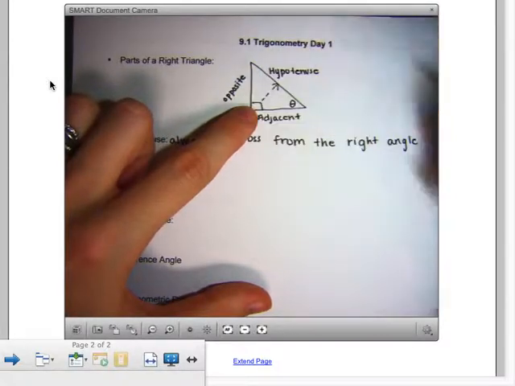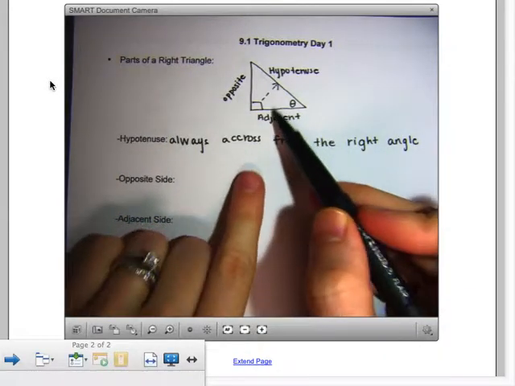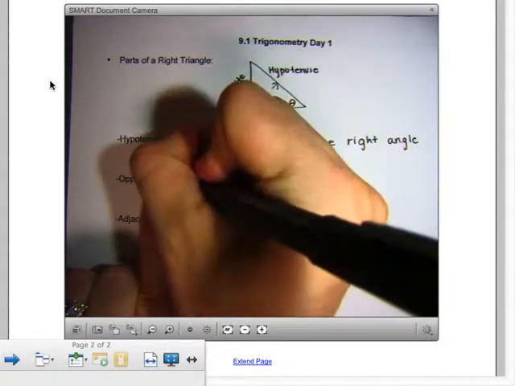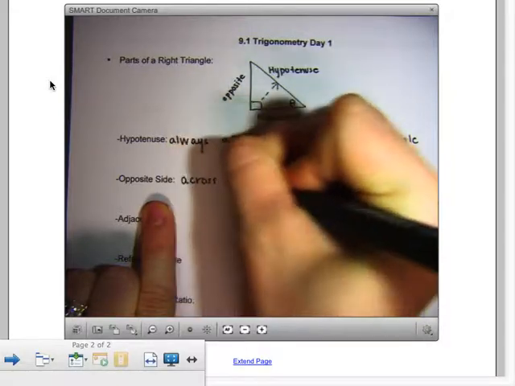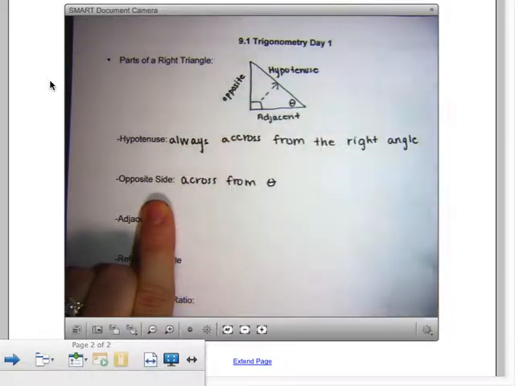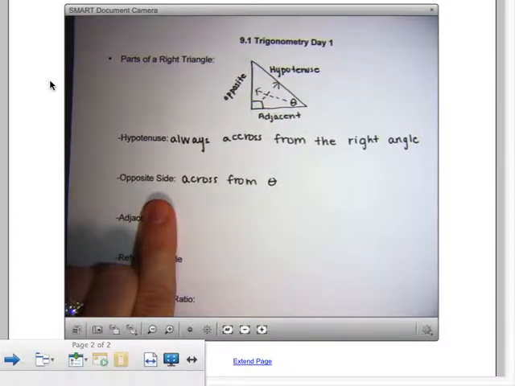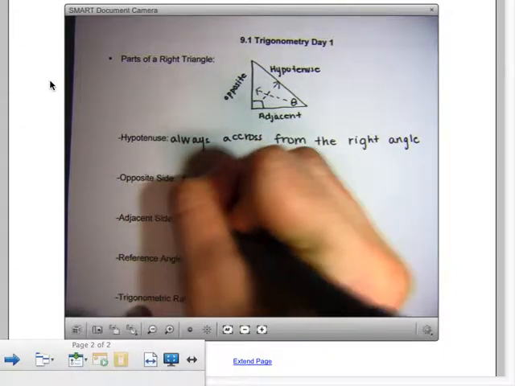Opposite of it or across from it is always going to be the hypotenuse. So now I'm down to two sides. So the opposite side is always across from the angle that you're using, so across from theta. So here's my theta. Opposite of it or across from it is the opposite side. The adjacent side is next to theta.